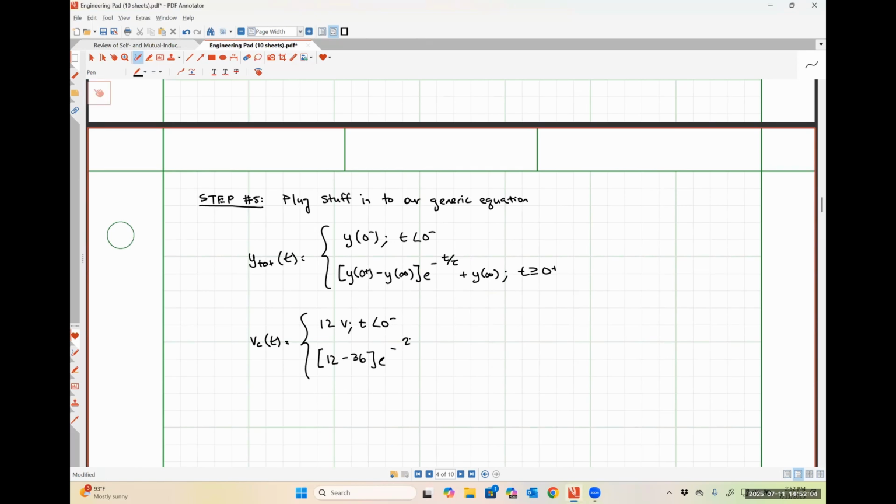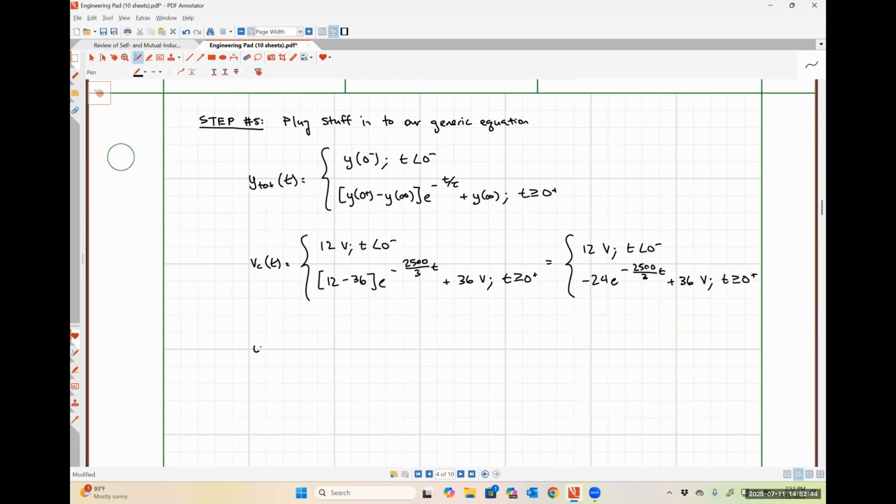So 2500 over 3 times time, plus y at infinity, which was once again 36 volts, for t greater than or equal to 0 plus. And now I'll simplify this down a little bit. So we would have 12 for t less than 0 minus, negative 24 e to the minus 2500 over 3 t plus 36 volts for t greater than or equal to 0 plus.